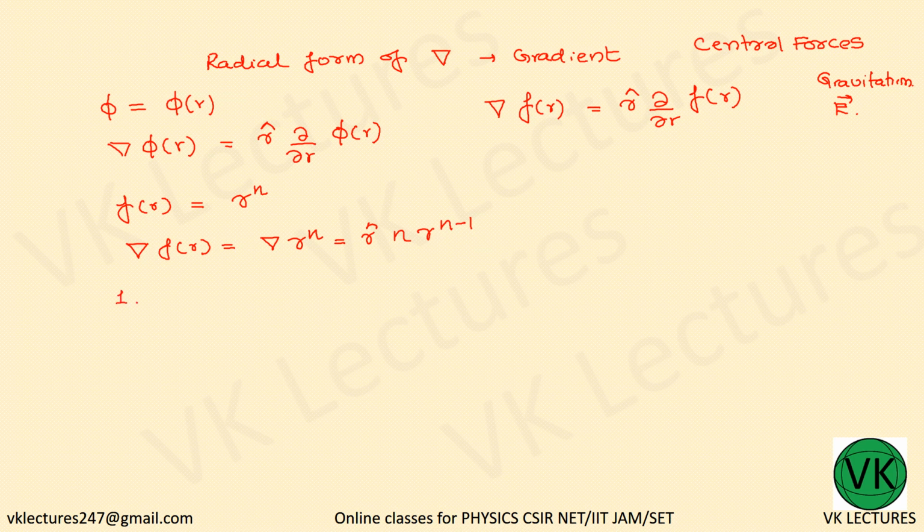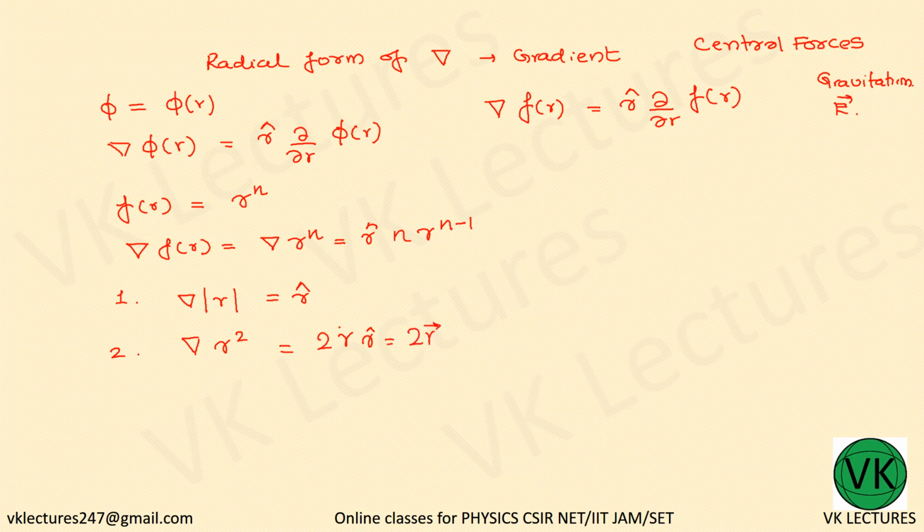The first one is del of r is equal to r cap. The gradient of the function r is simply r cap. Now del of r squared is nothing but 2 times the vector r into r cap, that's nothing but 2r vector.